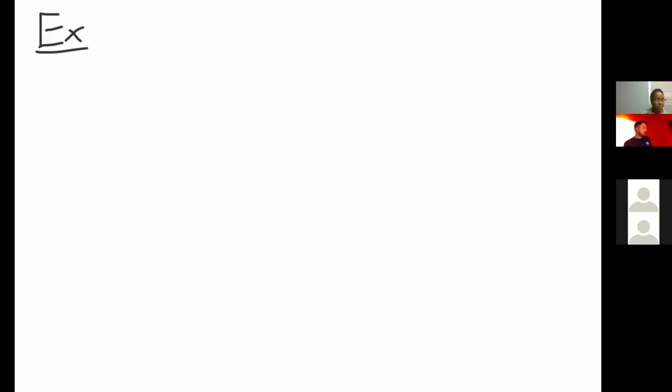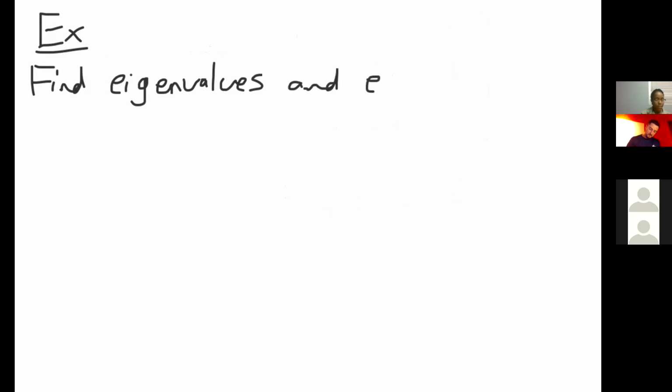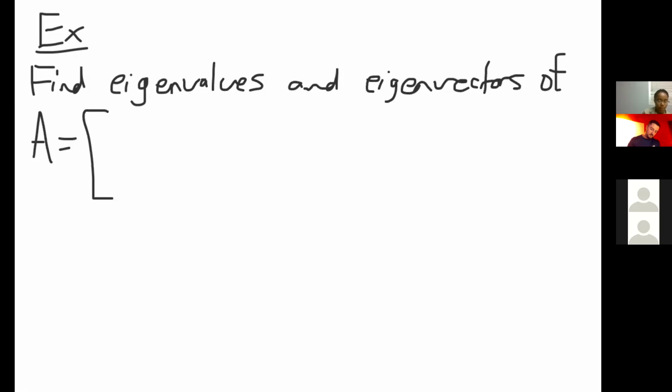You're going to have to find the eigenvalues and eigenvectors of the matrix A, which has the entries 1, 5, -3, and 1. Find the eigenvalues and eigenvectors.